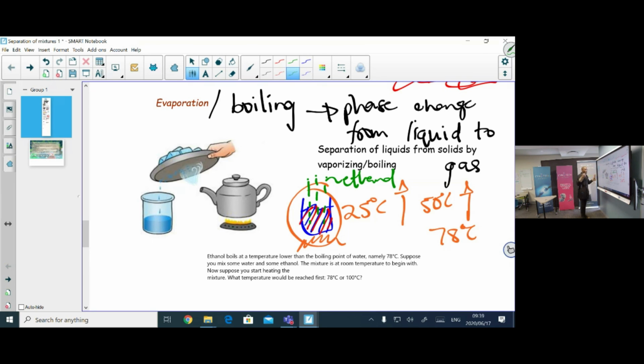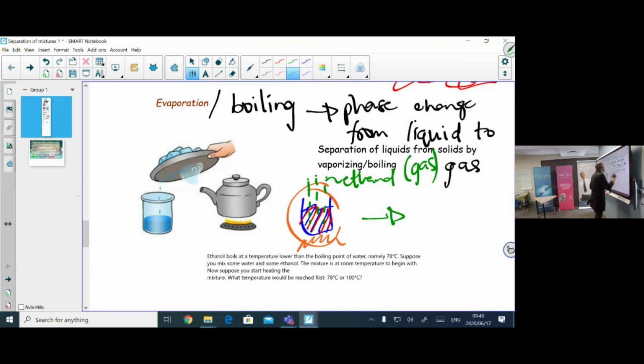Ethanol will leave our solution or our mixture as a gas in a gaseous state, leaving behind our H2O, which is still in the beaker as liquid because it has not evaporized yet, because it only evaporizes at 100 degrees Celsius.